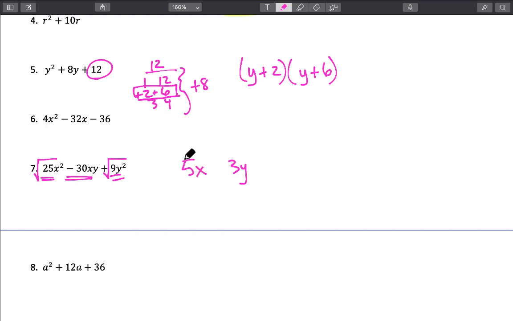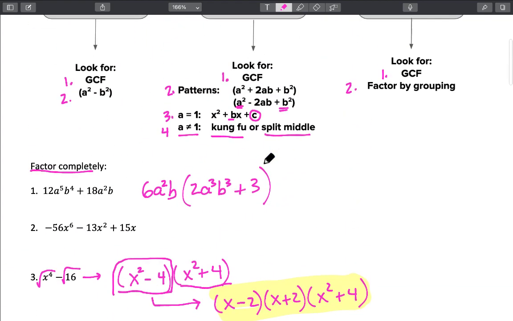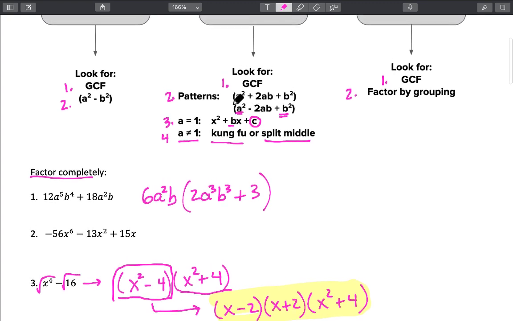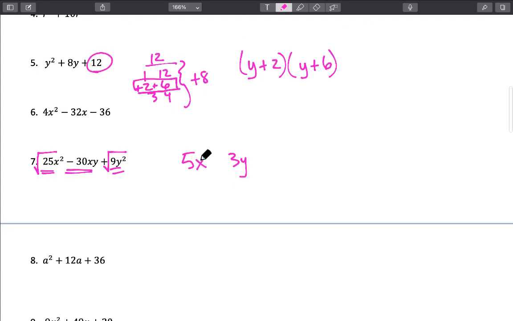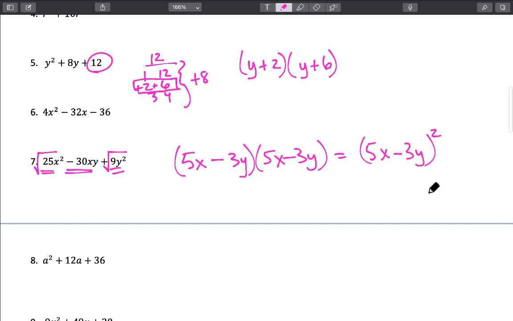So this fits into that pattern, and that pattern says that this perfect square trinomial breaks down into 5x minus 3y times 5x minus 3y. Or another way of saying that is 5x minus 3y squared. So there's a trinomial that fits our pattern.